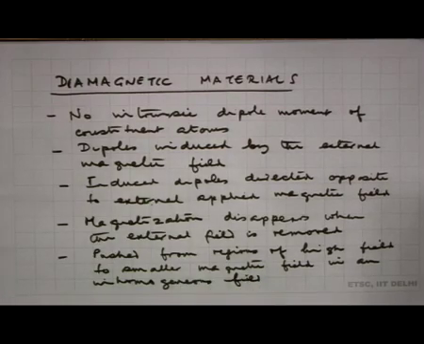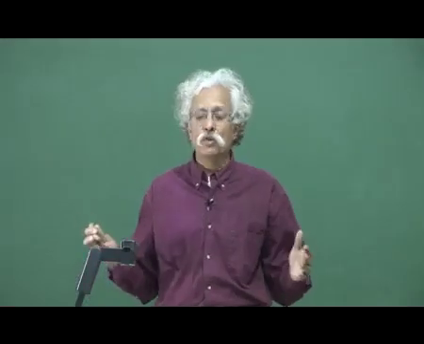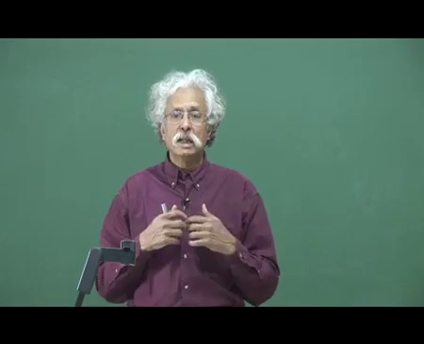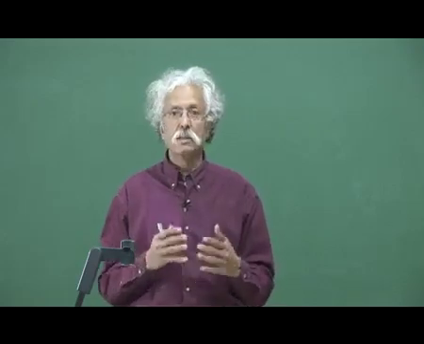That is, if you place a diamagnetic material in a non-uniform magnetic field, instead of being attracted, it is pushed away from the field, and that is a classic diamagnetic material.